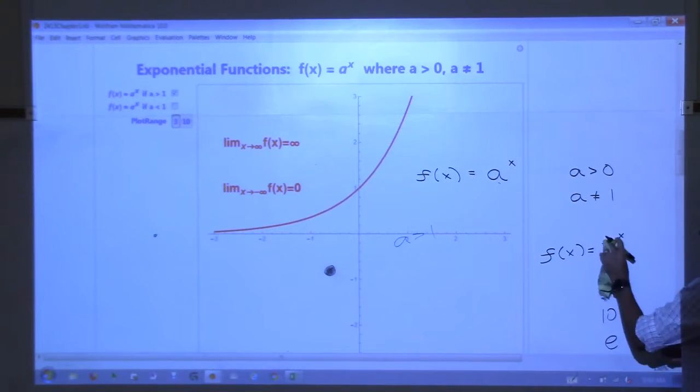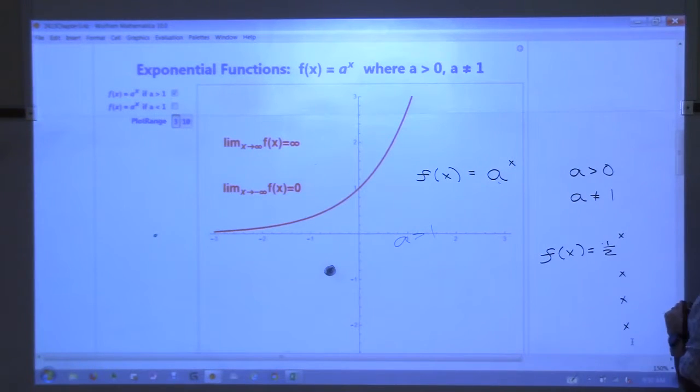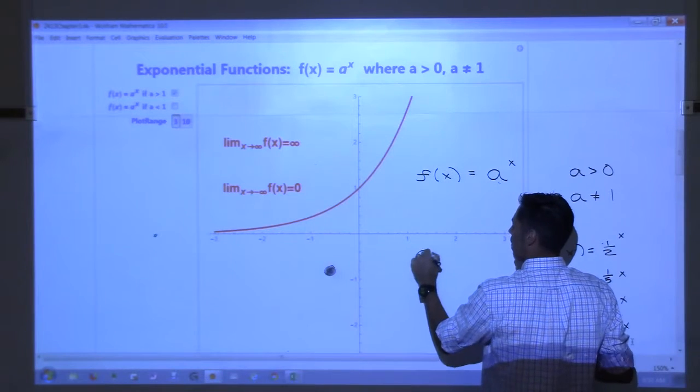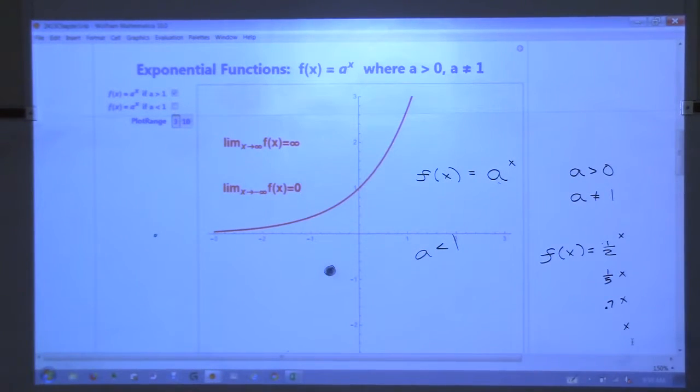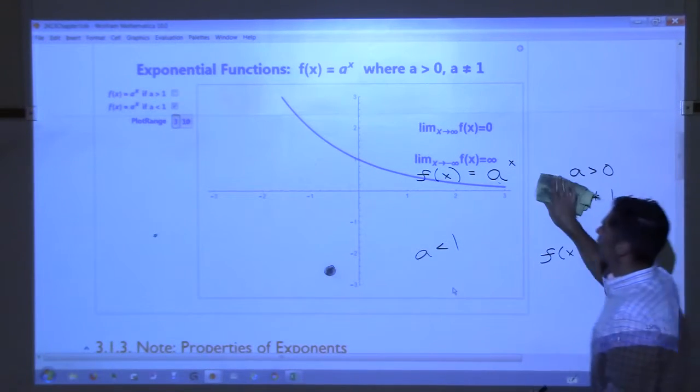If we make that number smaller than 1, but still positive, like 1/2, or 1/5, or 0.7, it's going to do something else. If a is less than 1, it decays. Here's the picture if a is less than 1. It basically just flips it over, like a reflection over the y-axis.